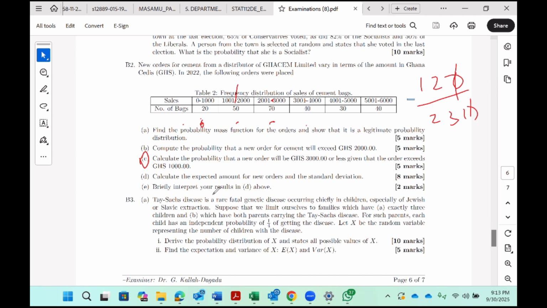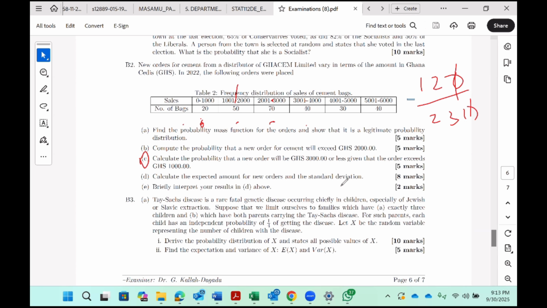Then briefly interpret your result in D above. Your D result is the expected amount, the amount that one needs to purchase or order bags of cement. Whilst the standard deviation measures the average spread between the orders of cement in that company in the year 2022.